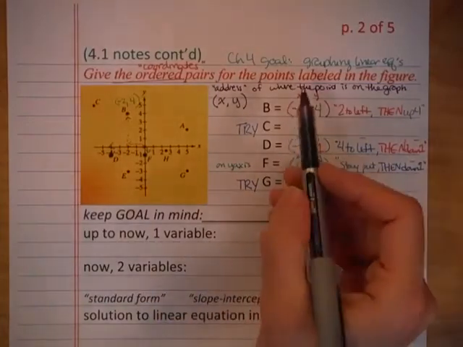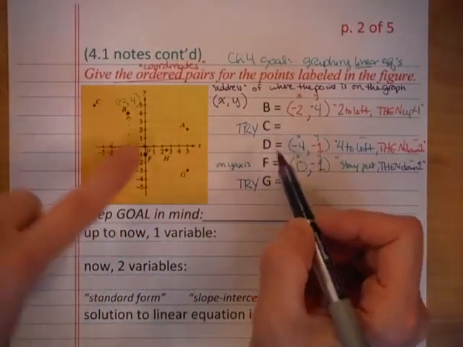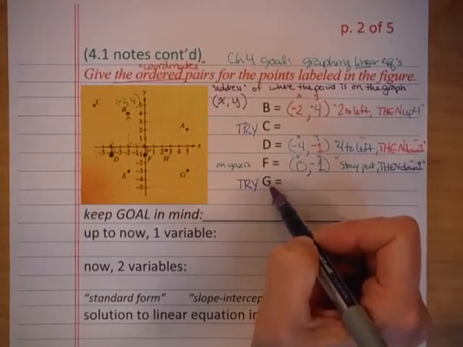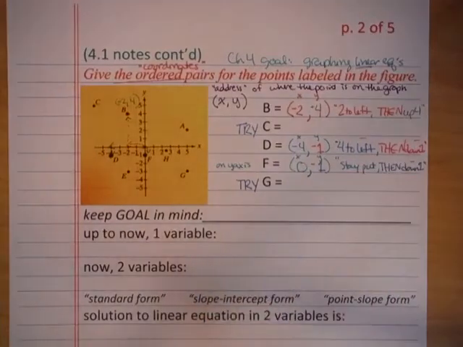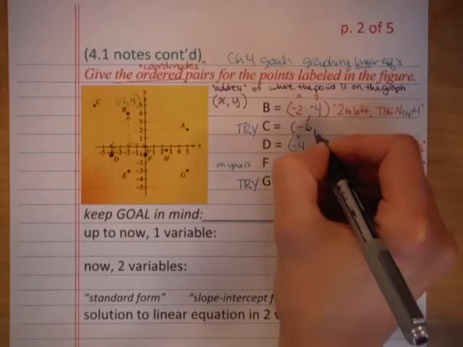Now you try point C, which is up here in this second quadrant, and point G, which is down here in the lower right quadrant, known as the fourth quadrant. Hit the pause button, come back when you're ready to check your coordinates. Okay, for point C, you should get the coordinates of -6, 5.